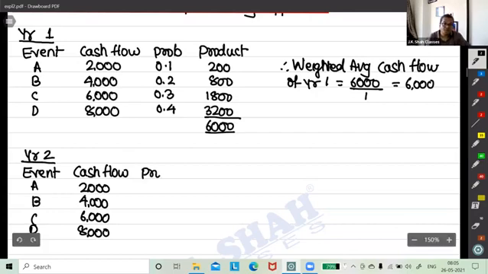Then year 2's probability 0.2, 0.3, 0.4, 0.1. Product.